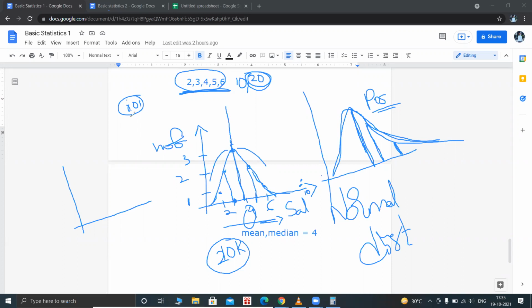For that reason my mean will be shifted towards left. Here the mean got shifted to right: if I add 20K, my mean got shifted to right. But in this case my mean will be shifted to left, so 3.3 something like that. So my mean is shifting towards left. Now the diagram looks like this.